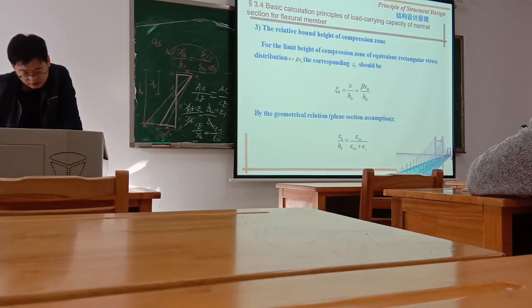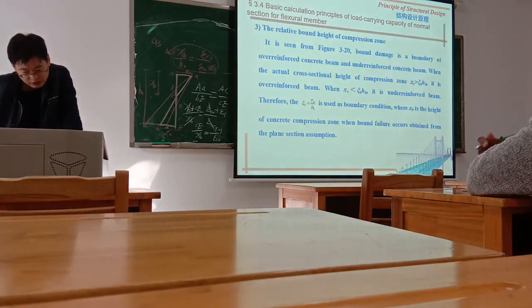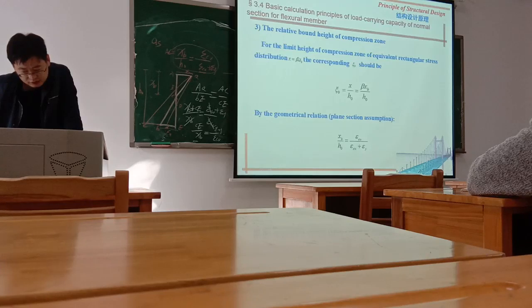So maybe it's from the first one. You see here, normally we use xb equal to CB h0, but here something is wrong. This is the equivalent rectangular stress distribution, x equal to this by beta.